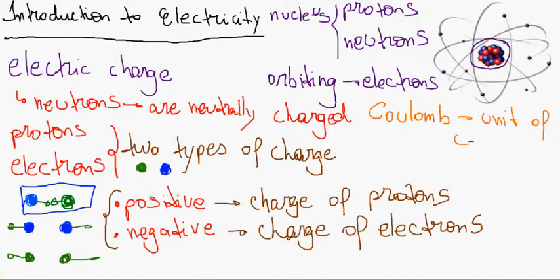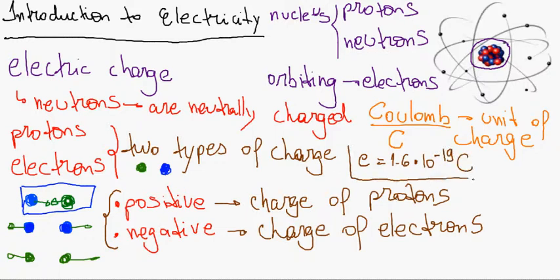To represent Coulomb, we use just an uppercase letter C. And we have the fundamental charge. We are going to call it e. The fundamental charge is equal to 1.6 times 10 to the power of minus 19 Coulomb. This is the fundamental charge.